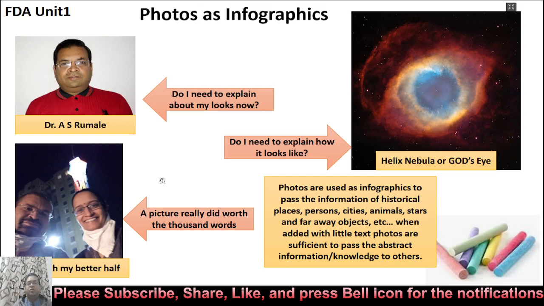Okay, so photos are used as infographics to pass on information about historical places, persons, cities, animals, stars, faraway objects, etc. Generally, when we use photos, we are not trying to pass numeric information, but qualitative information, where there are certain features of that particular thing which are not expressible in terms of numbers or tables.